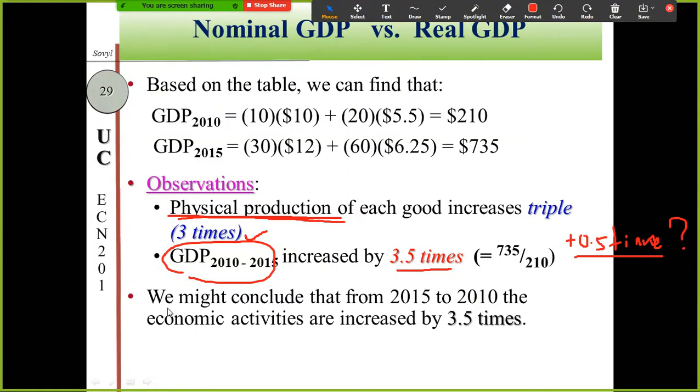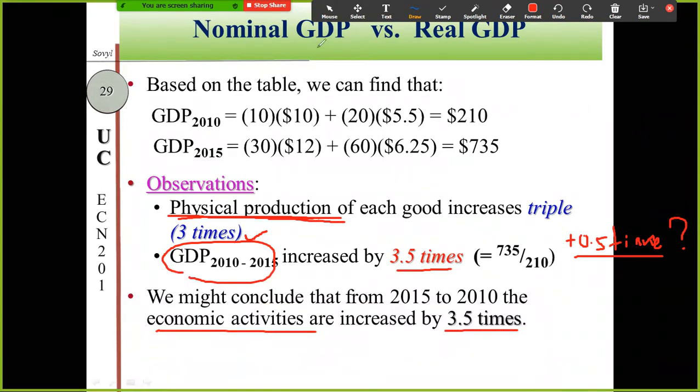We might conclude that between 2010 and 2015, the economic activity increased by 3.5 times.